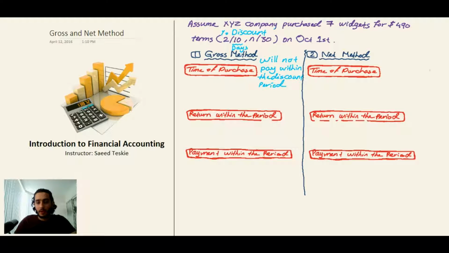But the net method assumes that the company will pay in the discount period.